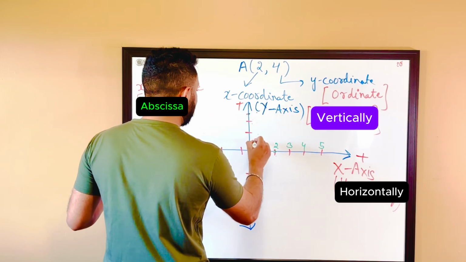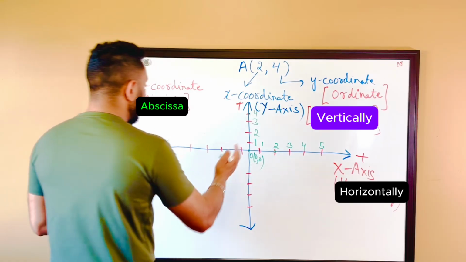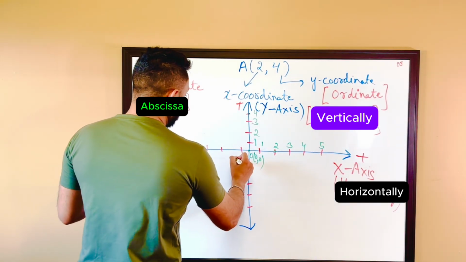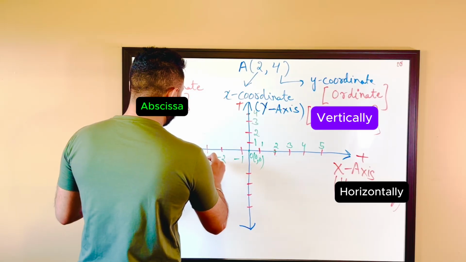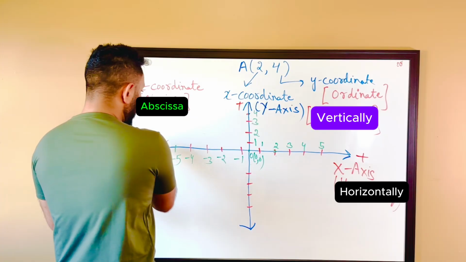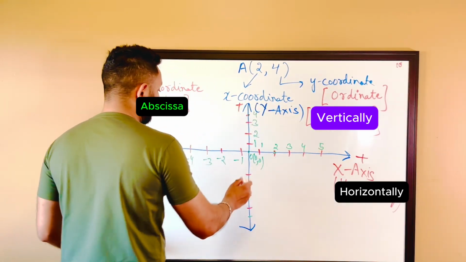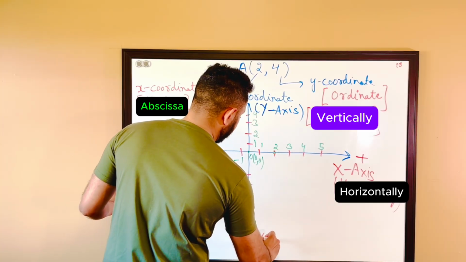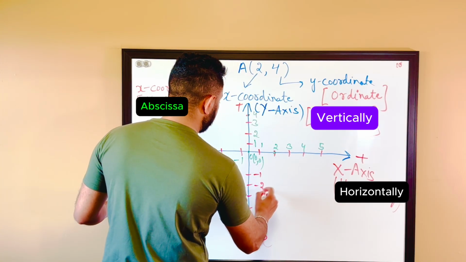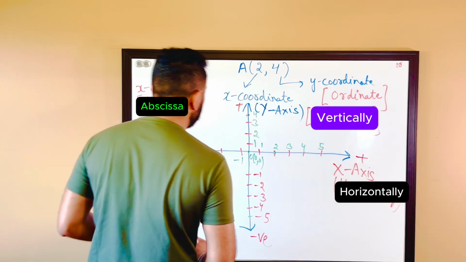And for the y-axis, this is 1, 2, 3, 4, and so on. And on the left hand side, like on the x-axis, the points are negative, and so on. And on the y-axis, upward points are positive and the downwards are negative. So this is -1, this is -2, -3, -4, and -5, and so on.